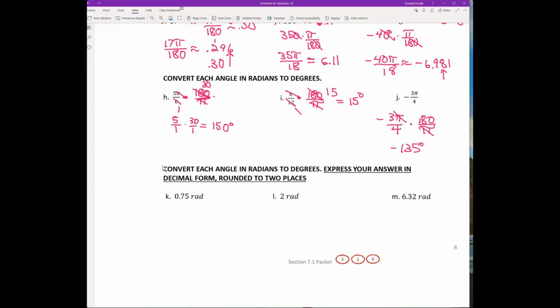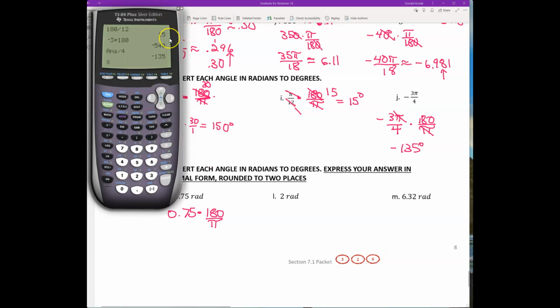And in the last 3 problems, we're converting from radians to degrees, but now we're using the decimal form rounded to 2 places. So 0.75 radians, I'm still going to multiply it by 180 over pi. So I take my calculator, I multiply the numerators, divide by the denominator. So the top is going to be 0.75 times 180 divided by pi.